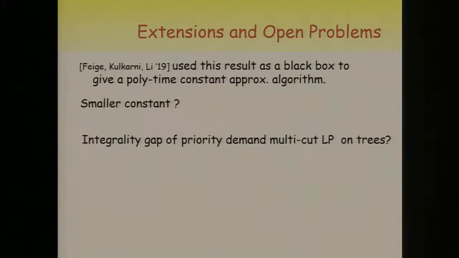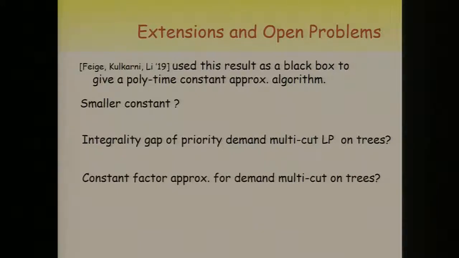For the multi-cut problem that I defined on trees, we don't know the integrality gap of that linear program. So it's possible that this LP has constant integrality gap. Similarly, we don't know a true constant factor approximation for the demand multi-cut problem on trees. This is a natural problem because it generalizes the well-known multi-cut problem for trees.